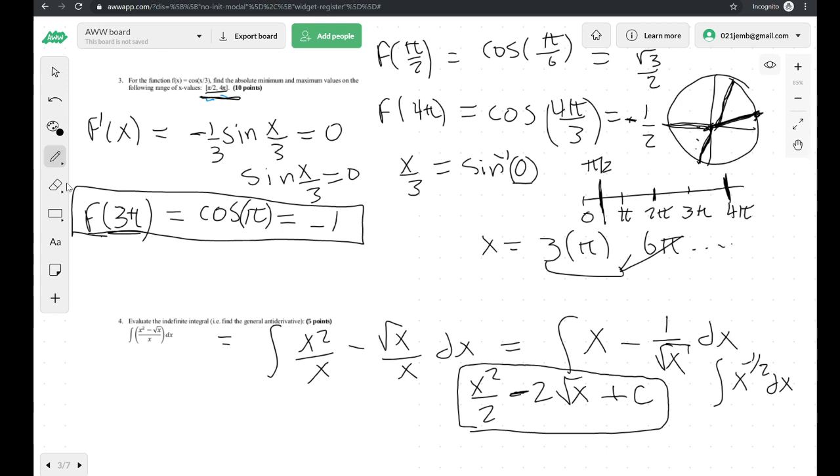All right. So let's see. Actually, let me look at the last problem. I just realized that cosine of pi over 6 is greater than, in absolute value, cosine of pi. So that means that shouldn't be the absolute maximum or absolute minimum.